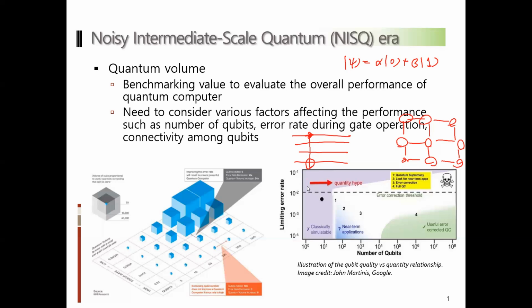So there are different strategies to overcome the classical computer's performance, but the final goal will probably be somewhere around here. And here you can see something called quantum error correction, or error-corrected quantum computing. So today's topic is basically about quantum error correction.